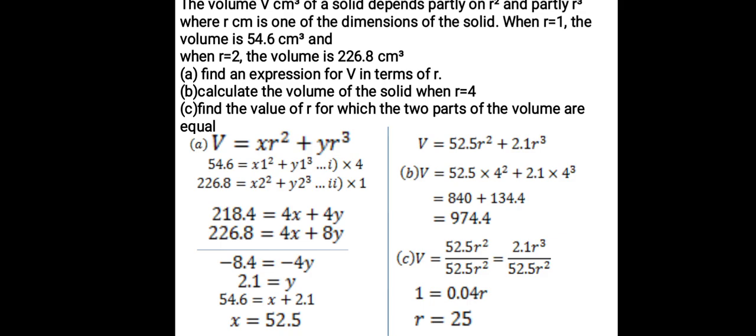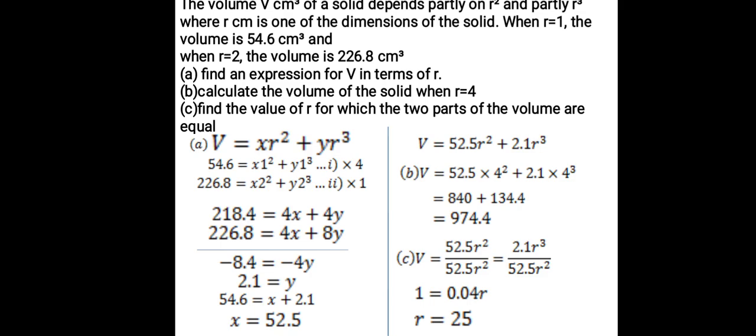The volume V of a solid depends partially on r squared and partially on r cubed, where r centimeter is one of the dimensions of the solid. When r is equal to 1, the volume is equal to 54.6 centimeter cubed, and when r is equal to 2, the volume is 226.8 cubic centimeter.